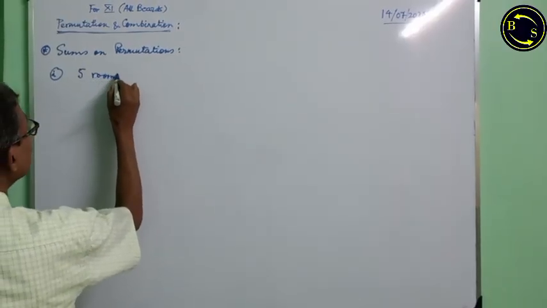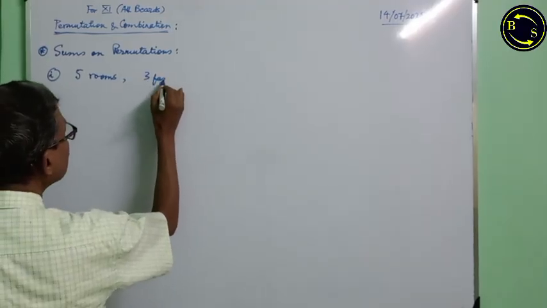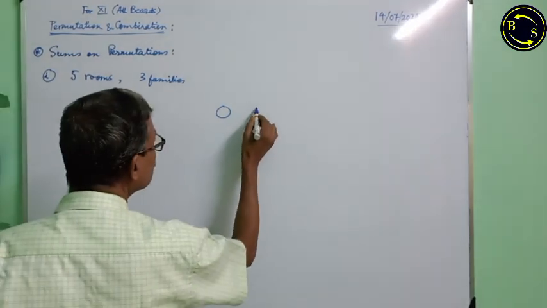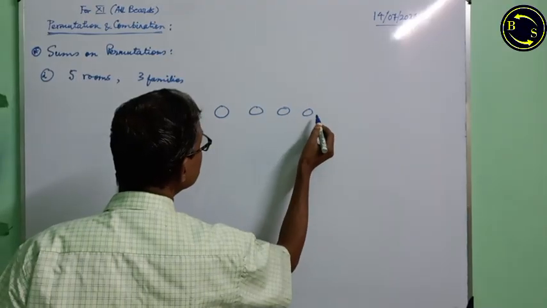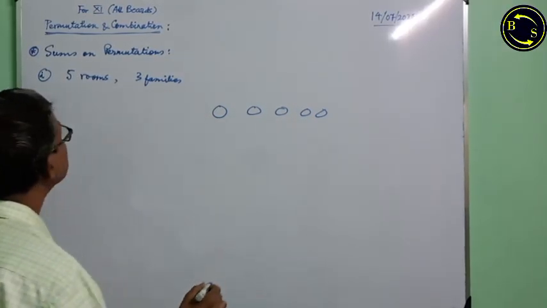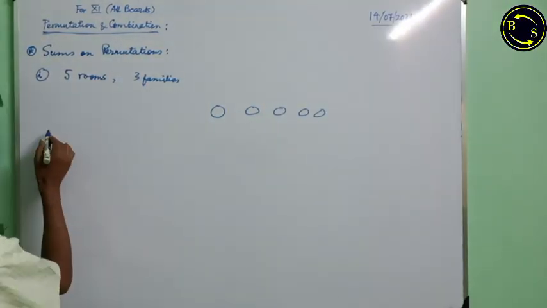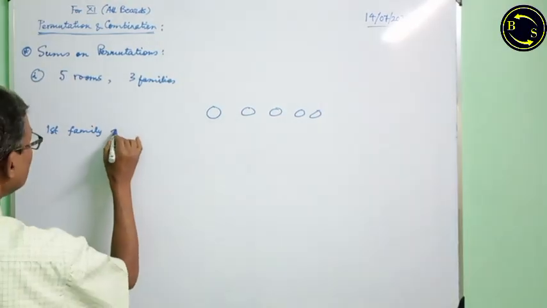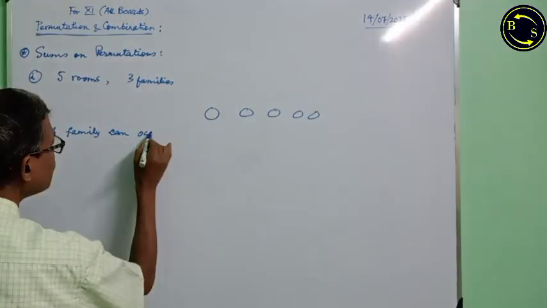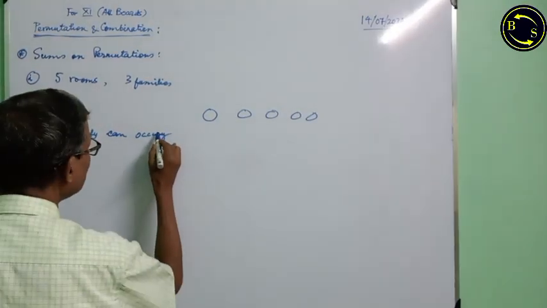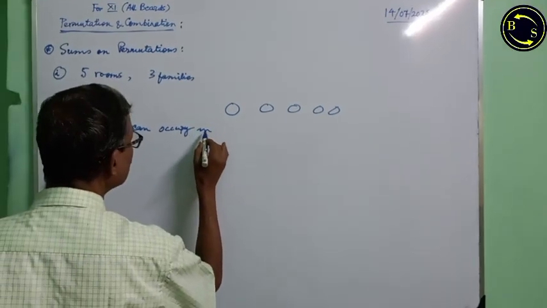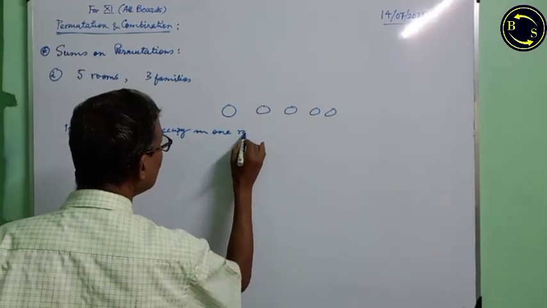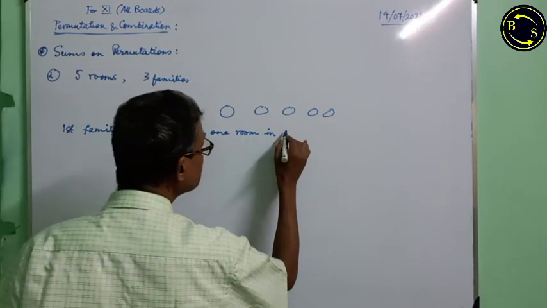Five rooms are there, 3 families. If we draw the diagram like this, first family can occupy one room in 5 ways.